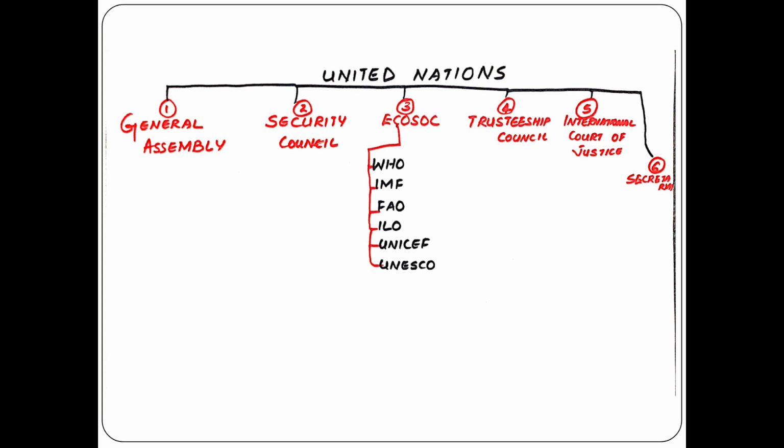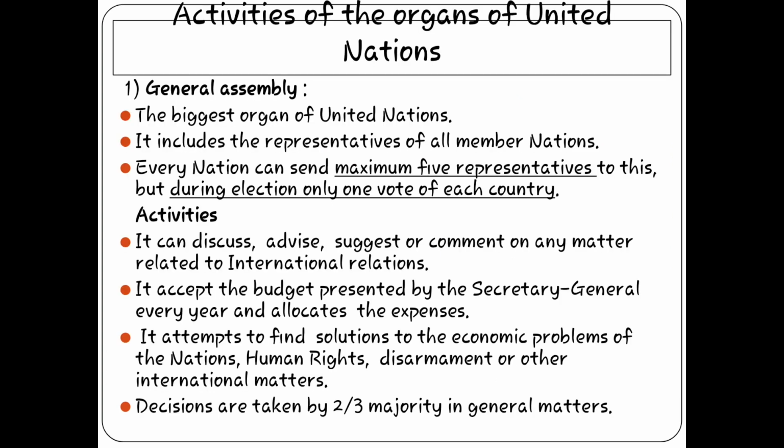Economic and Social Council is also known as ECOSOC. It has 6 other organizations: World Health Organization, International Monetary Fund, Food and Agricultural Organization, International Labour Organization, UNICEF and UNESCO. Now we will discuss each and every organ of United Nations in detail.